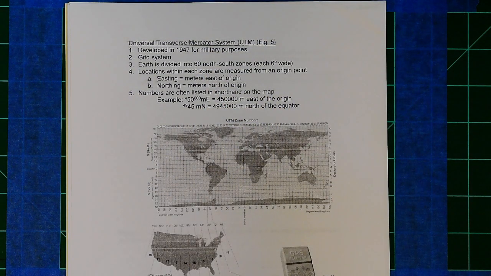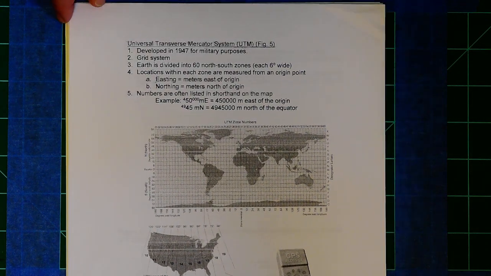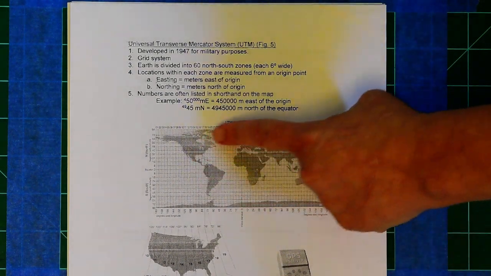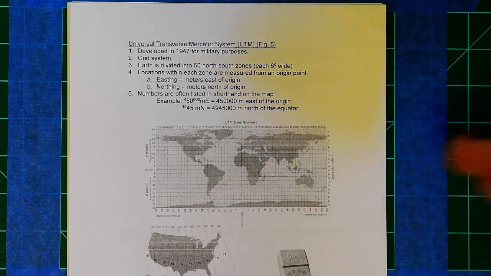All right. So I mentioned earlier that I tend not to use latitude and longitude. I prefer to use the Universal Transverse Mercator System, also known as UTM coordinates. And this again breaks up Earth into a grid system. And you can see the grid system right here.